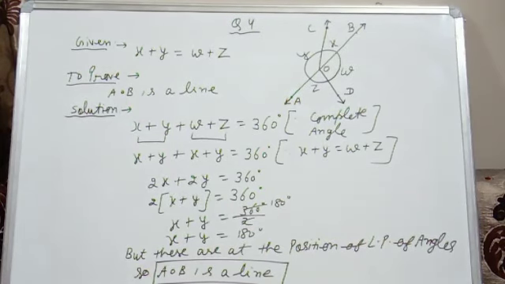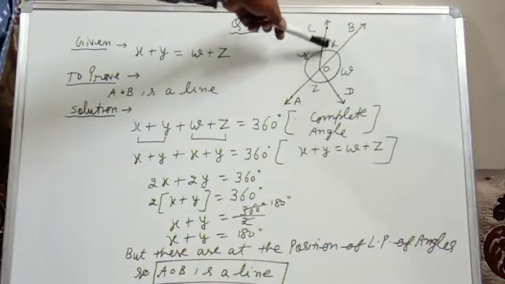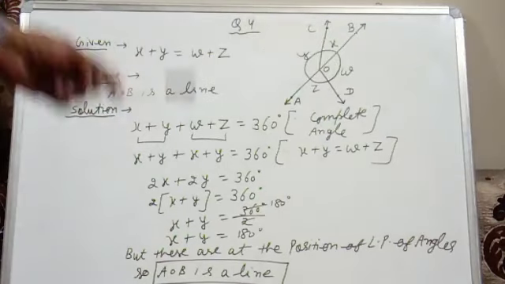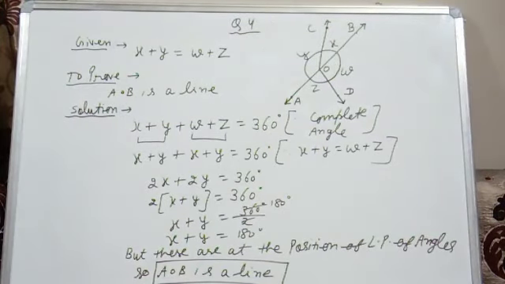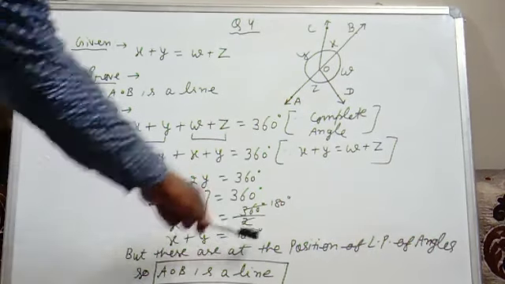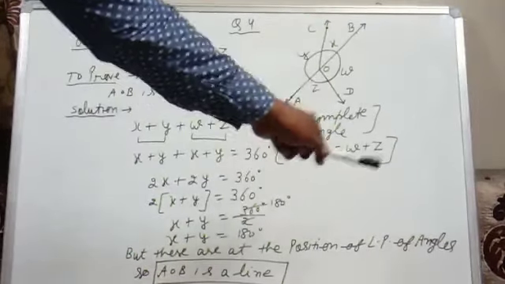Now this last step is important. If you see here x and y, then you will realize that these two angles are at the position of linear pair of angles. So after this line we can write that these two angles are at the position of linear pair of angles.